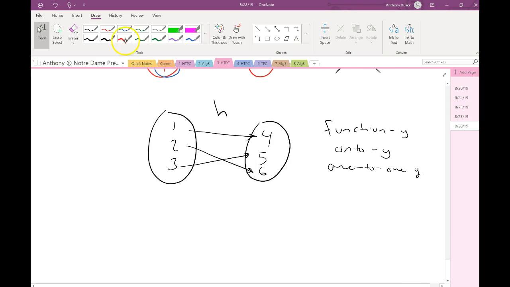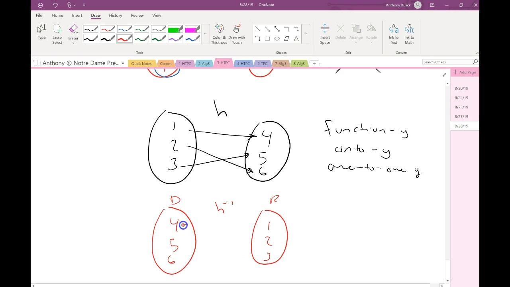If I look at H inverse now, is this a function? Is it onto? Is it one-to-one?